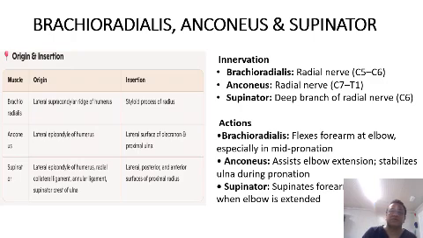Brachioradialis originates from the lateral supracondylar ridge of the humerus and inserts into the distal radius, the styloid process of the radius.